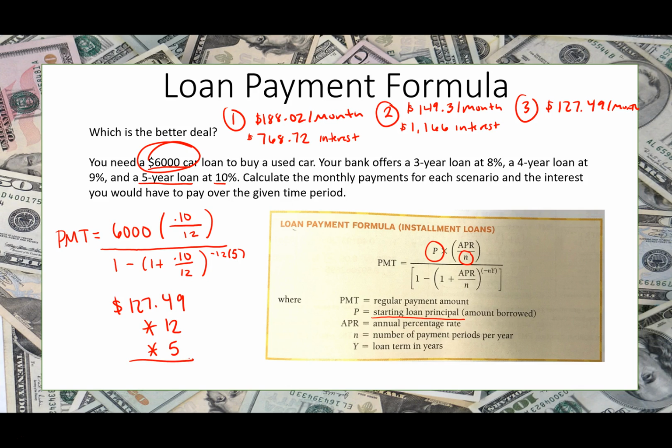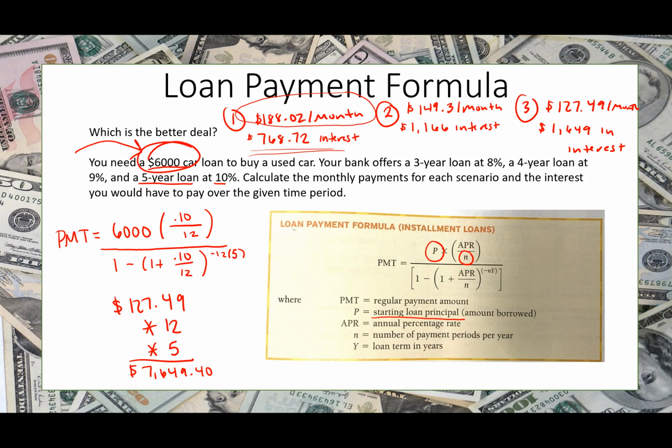Now I'm going to have to pay that 12 months of the year for 5 years, and that's going to give me a total amount of paying $7,649.40. So subtracting that from my $6,000 original, I am paying roughly $1,649 in interest. So you can see that if you can afford to pay $188 a month, you should, because you're only going to pay $768 in interest.